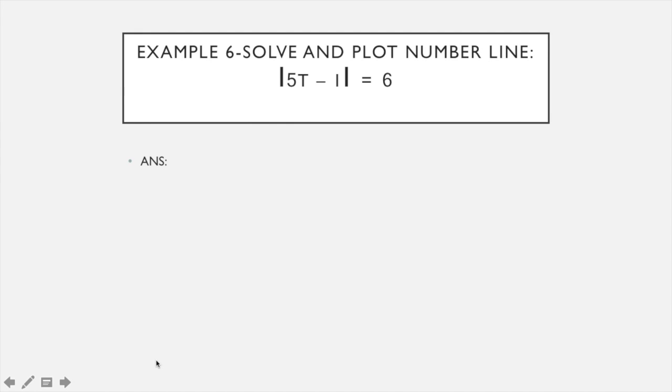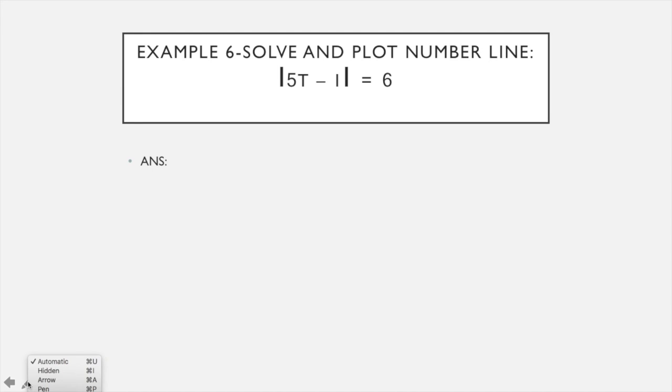Sixth example. So we have absolute value, but this time we need to solve for the value of the variable. Since we have to solve for it, absolute value could be positive or negative what's inside of these bars. So in other words, the absolute value could be equal to 6 or negative 6.